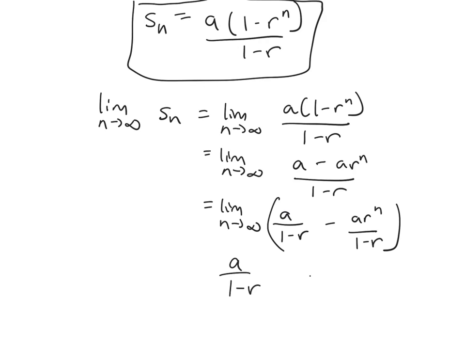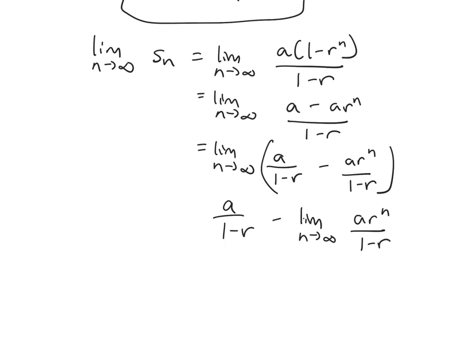Now I need to look at the limit of this last piece, a r to the n over 1 minus r. Let's pull out the constants. A is a constant and the denominator is also constant, so let's pull those out.